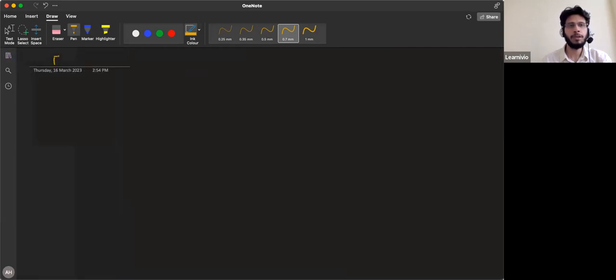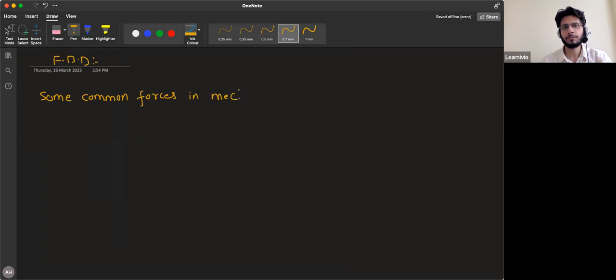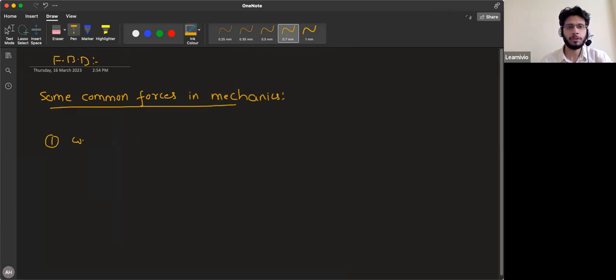So the first will be FBD. Before starting with FBD, let's discuss some common forces in mechanics. The first force is weight. What is weight exactly? Weight is the gravitational pull of Earth.